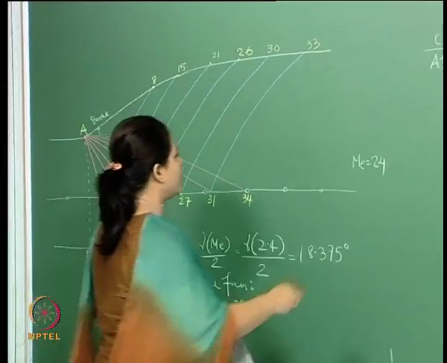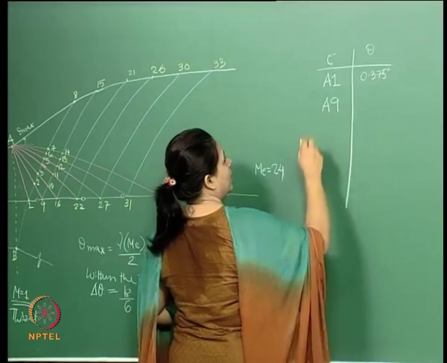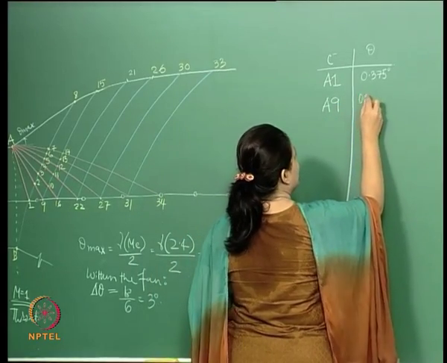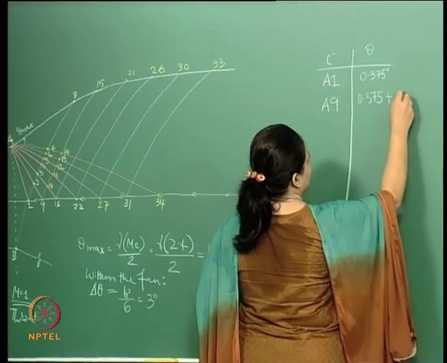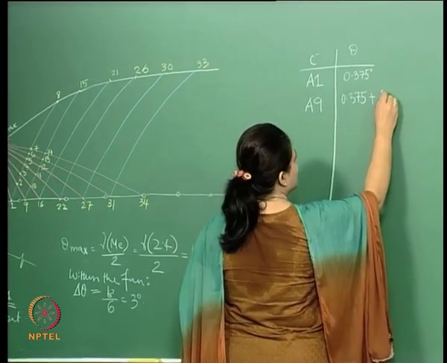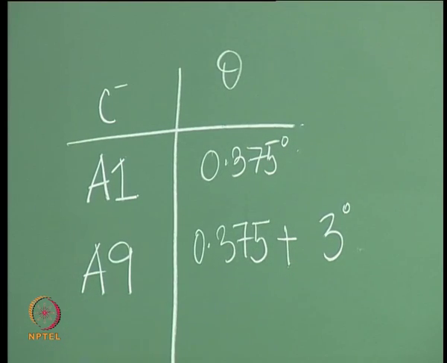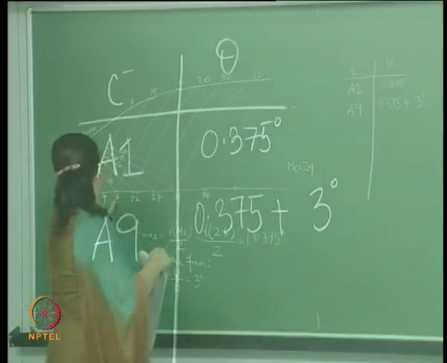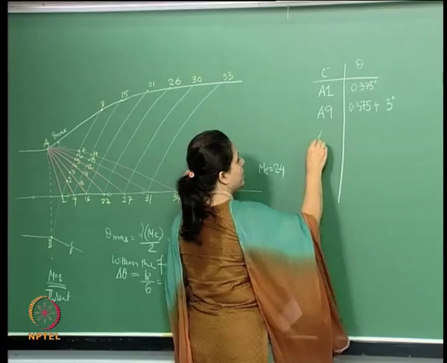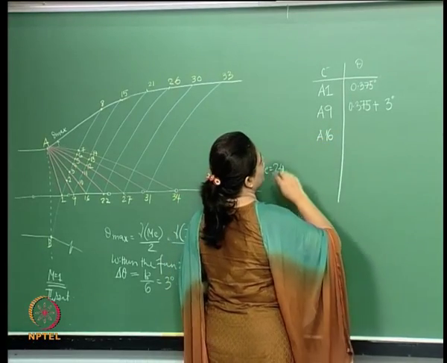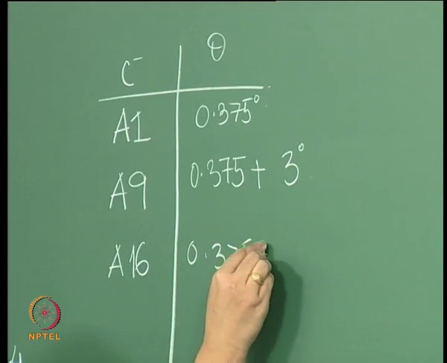Therefore, for the characteristic, say A9, theta is going to be delta theta, which is 3 degrees. Again for A16, we're considering A16 here. So then what we get there is 0.375.